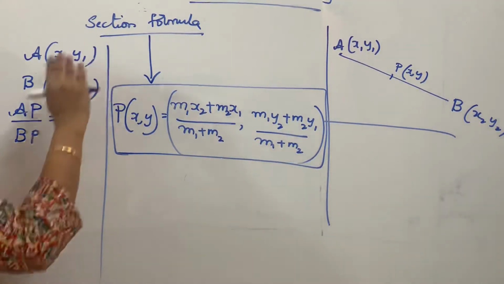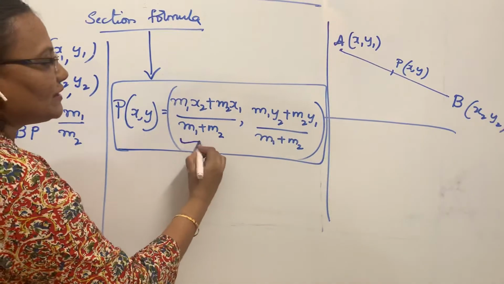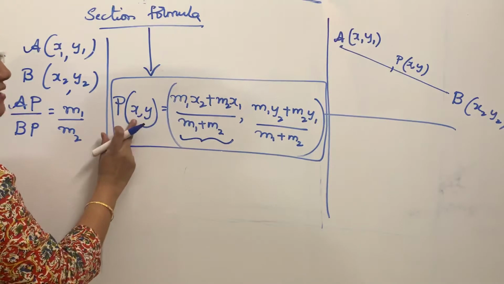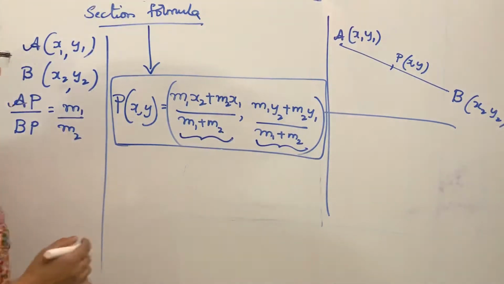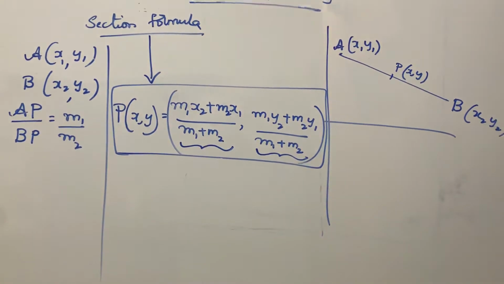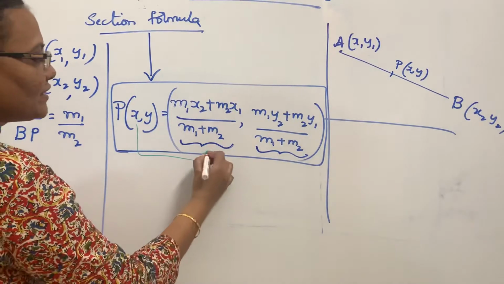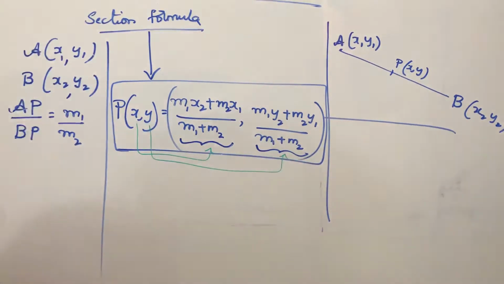Now in this section formula, after simplifying, this value corresponds to the x coordinate and this value will correspond to the y coordinate. That's all you have to correlate. Whatever answer you get here, that will be the x coordinate, and whatever answer you get here, that will be the y coordinate.